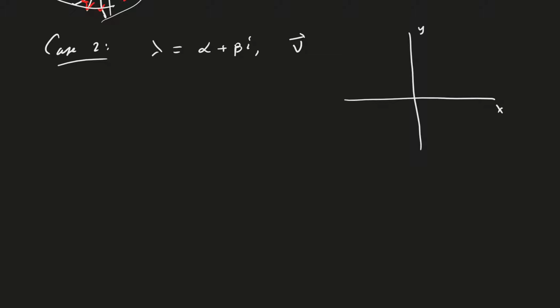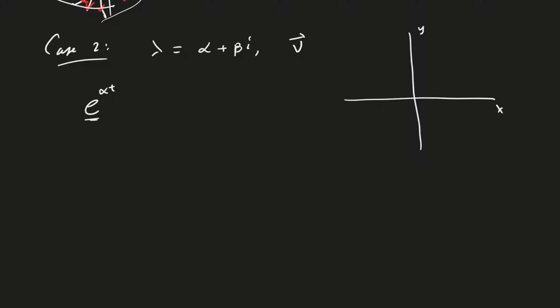So one thing to notice is that in this case, you're going to have the e to the alpha t come out as the real part in both the real and the imaginary part. And so we can say e to the alpha t times our complex vector.